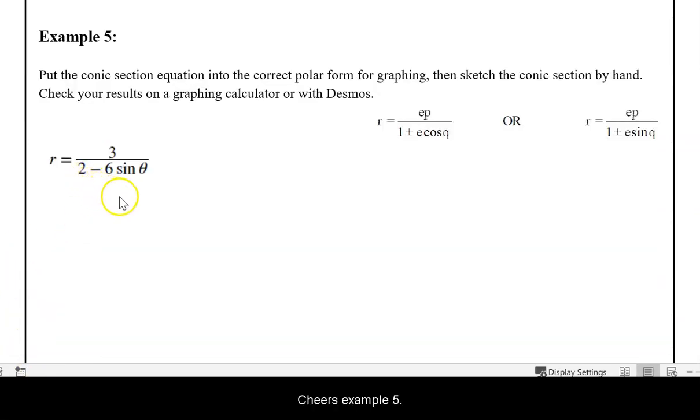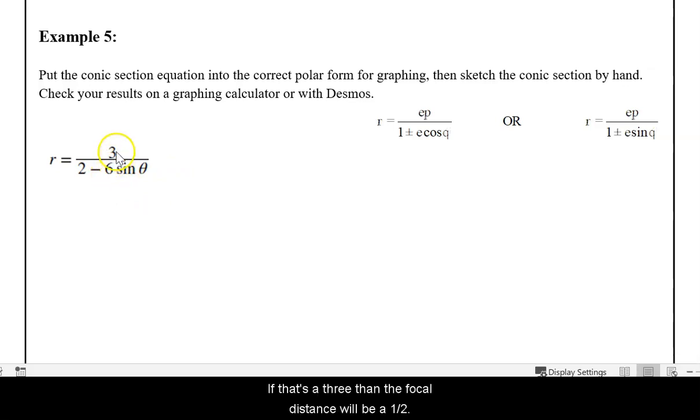Here's example 5. Don't forget step 1, that 2 has to be made into a 1. If I make it into a 1, then I'm dividing by 2 in the numerator and denominator. That will make this a 3, which means it must also be a hyperbola.